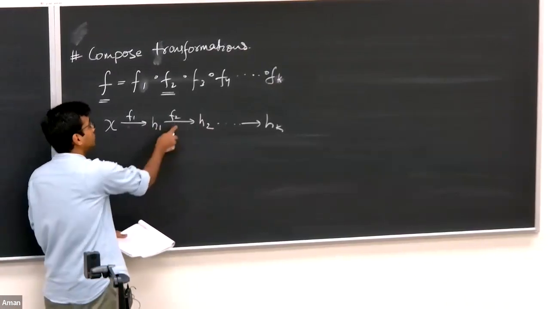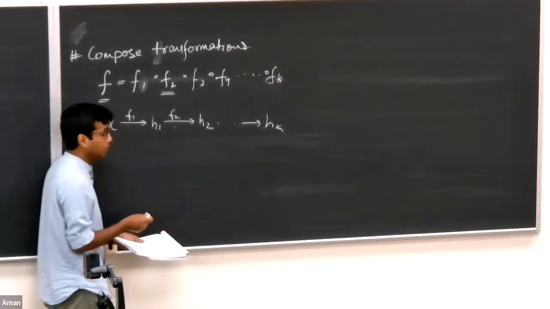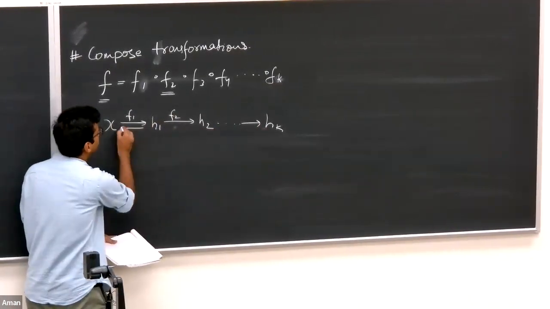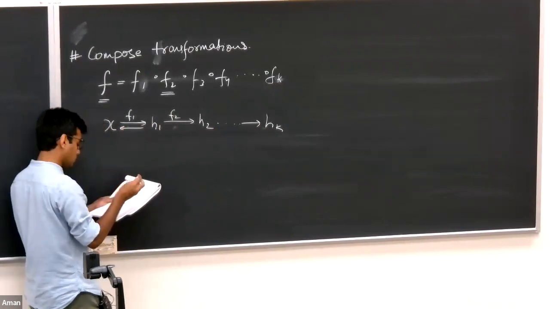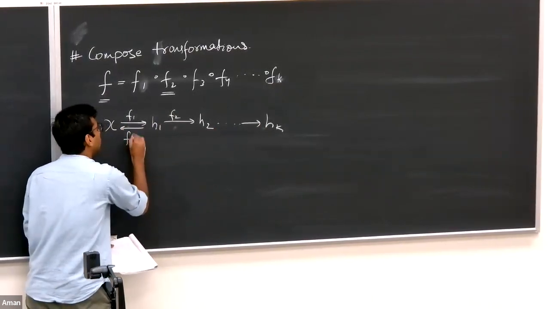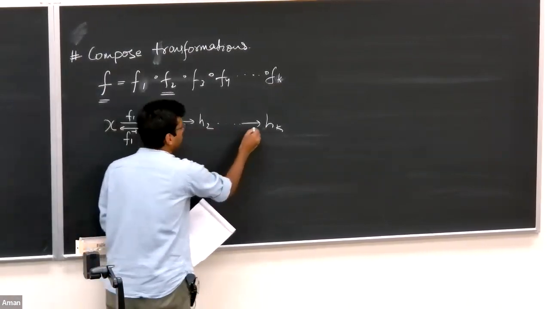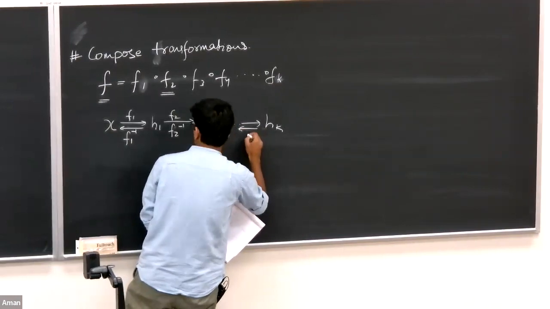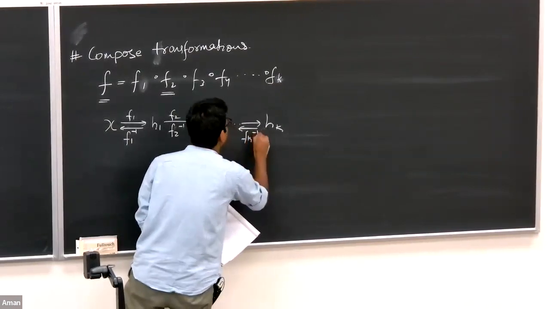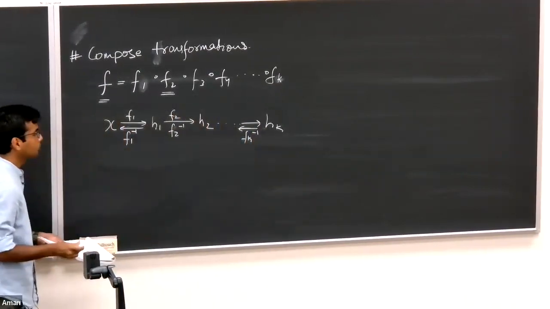So f1 inverse should be defined, f2 inverse should be defined, and so on, right?